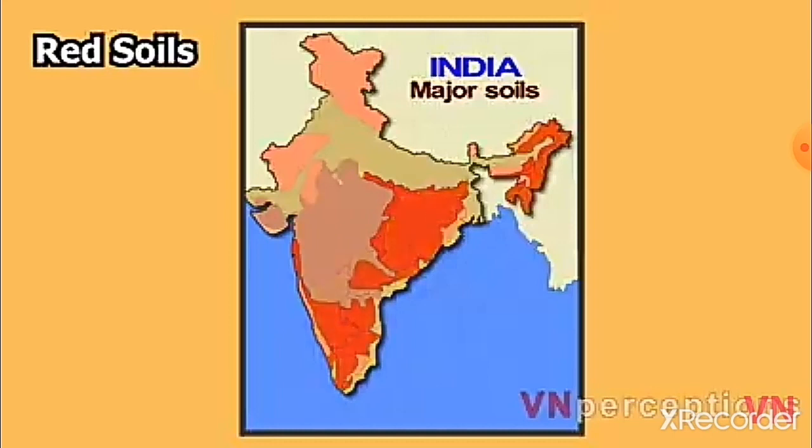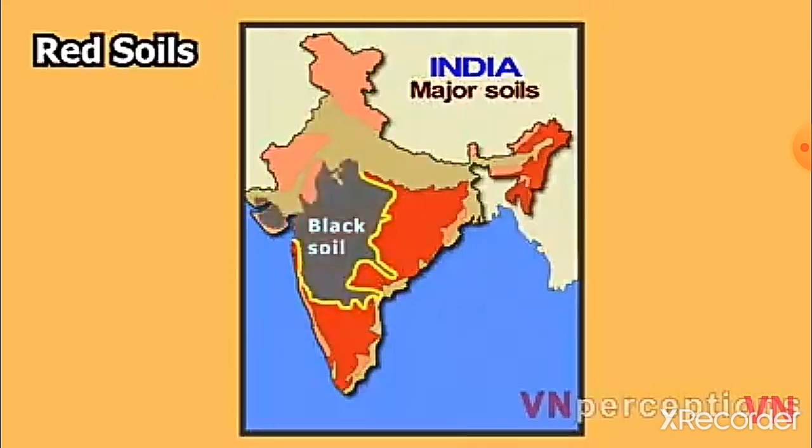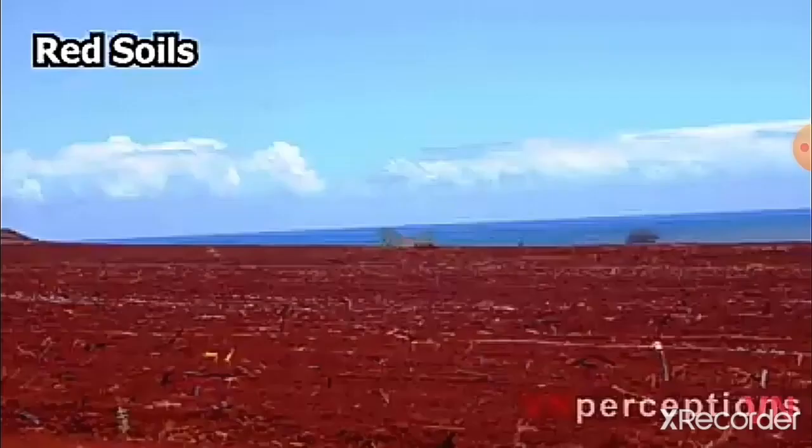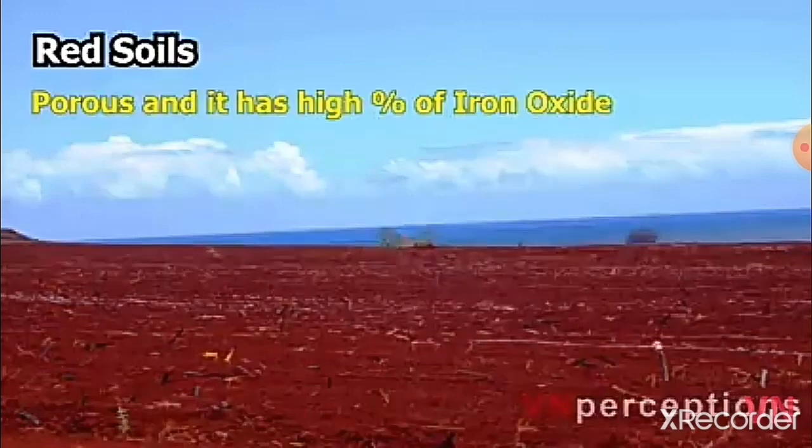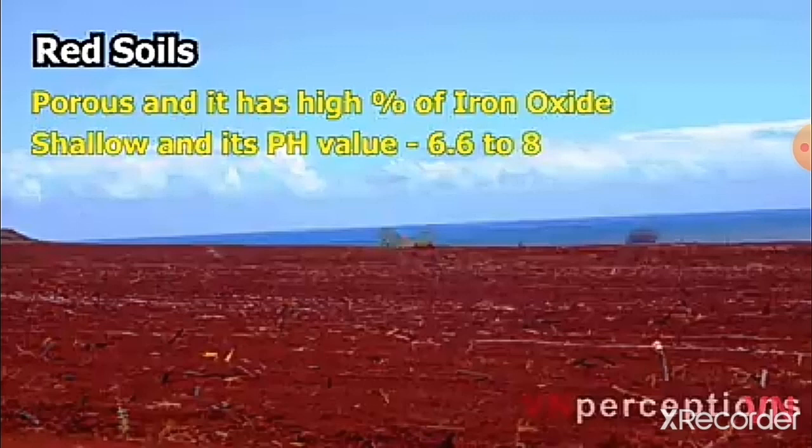If you look at this map, it practically encircles the entire black soil region on all sides. They extend northward in the west and along the Konkan coast of Maharashtra. Characteristics of red soil: it is porous and it has a high percentage of iron oxide.